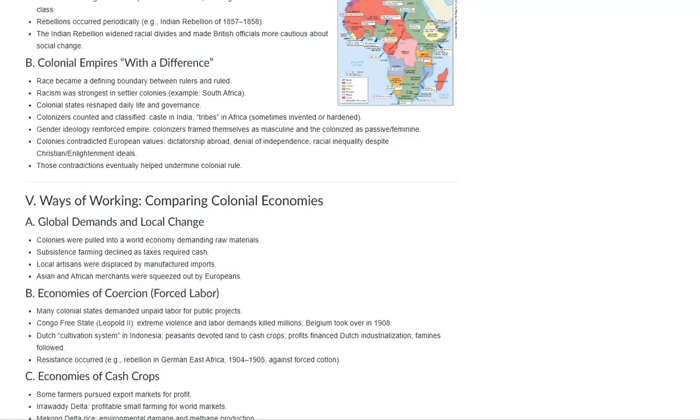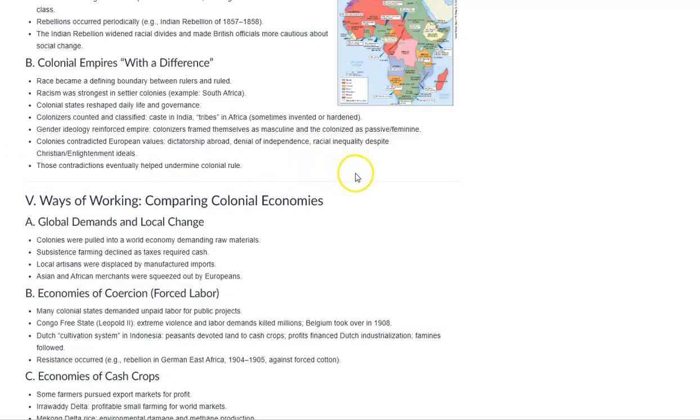Colonies were basically dictatorships, and they rejected national independence, and racial classification contradicted Christian and Enlightenment claims about human equality. And many colonizers didn't truly want colonies to modernize because that would threaten their control. So over time, these contradictions really undermined colonial legitimacy.